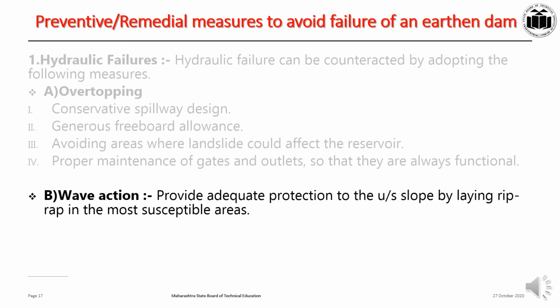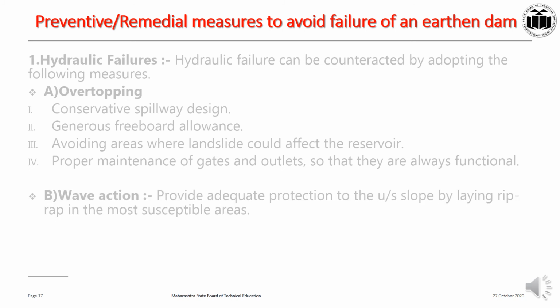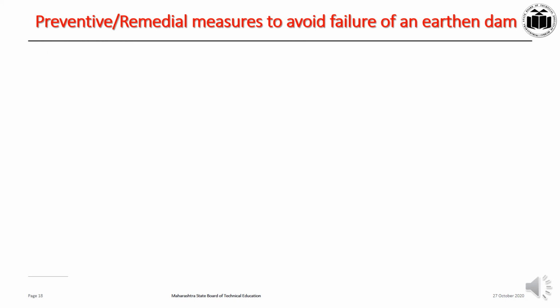Then, for wave action, provide adequate protection to the upstream slope by laying riprap in a substantial area. If you provide substantial riprap laying on the upstream slopes, then such types of hydraulic failures are avoided.